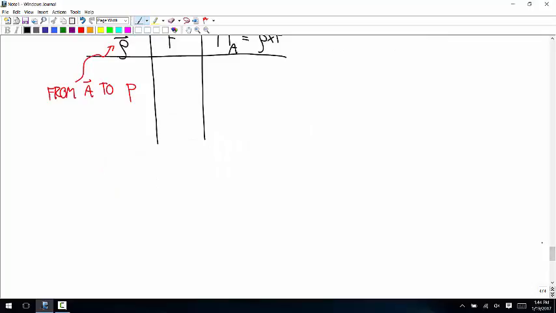Any questions about this yet? Okay, so let me do an example. So let's say we have a rigid body that has a height of 1 meter and a width of 2 meters.